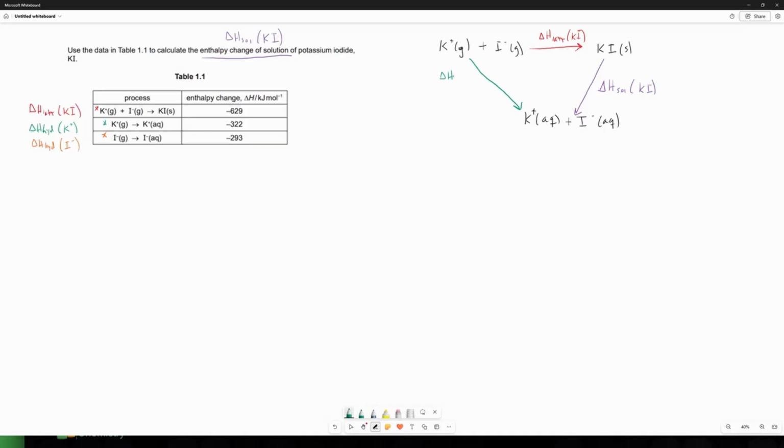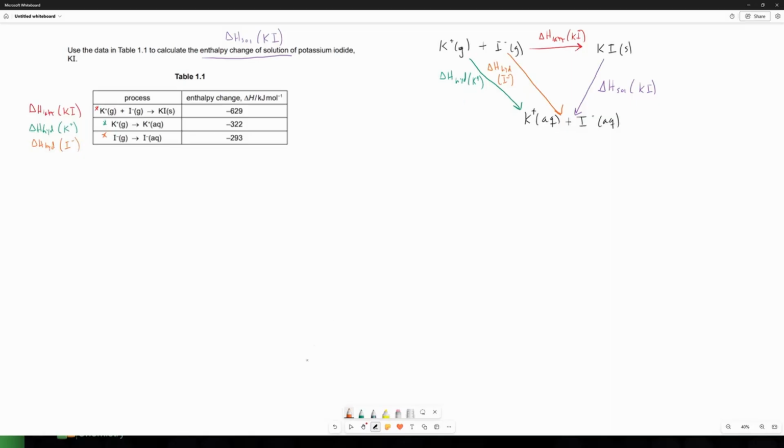That's the enthalpy change of hydration of the potassium ion. And then separately, we also have the enthalpy change when the iodide ion changes into the iodide ion in the aqueous state, so from gas to aqueous. And that's again the enthalpy change of hydration, but in this case of the iodide ion. So we have to add both of these up. So that's our Hess cycle.